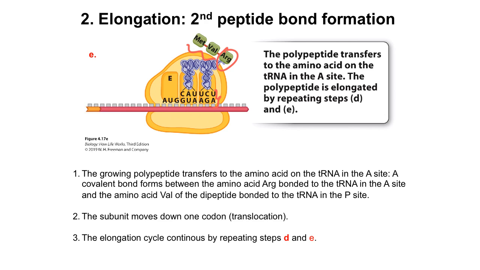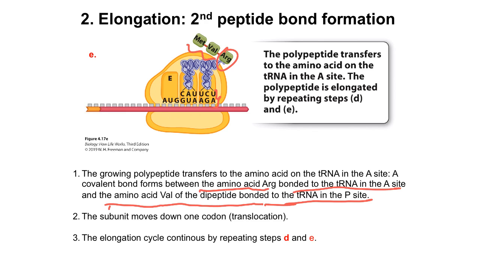So it is always a movement of the growing polypeptide to the amino acid that is found in the A site. So a covalent bond forms between the amino acid arginine that is bonded to the tRNA in the A site, and the amino acid valine of the dipeptide bonded to the tRNA in the P site.